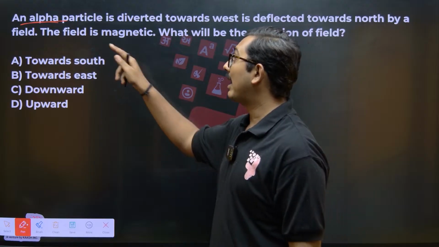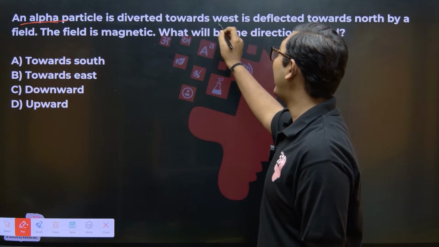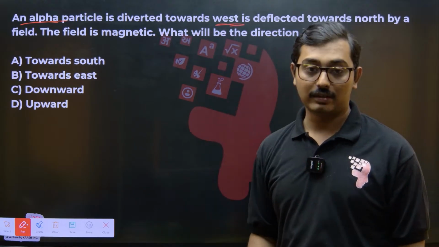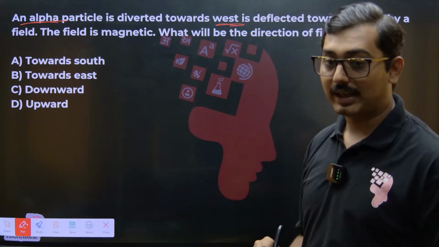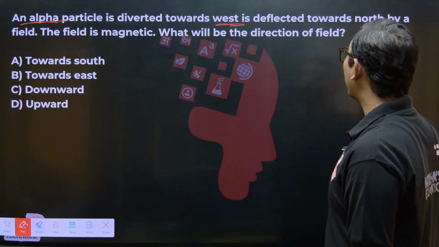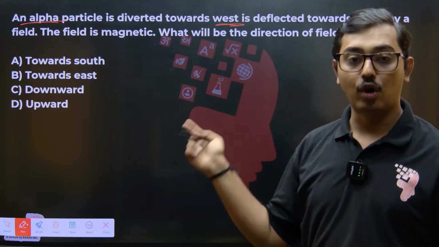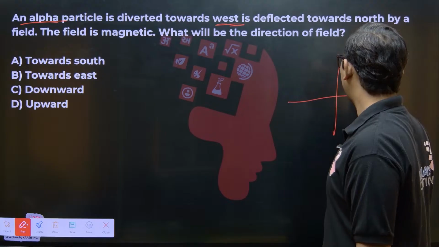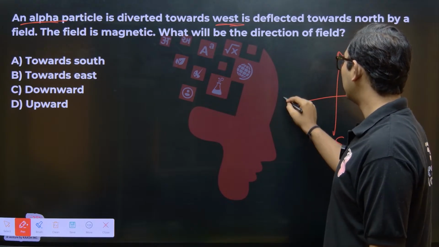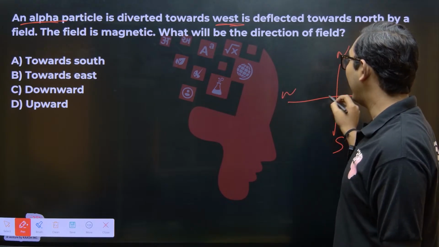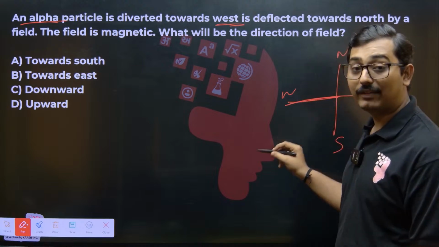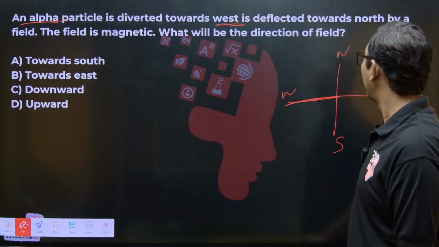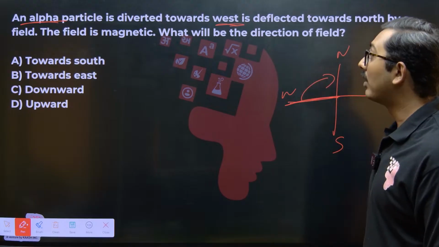Now what is it saying? An alpha particle is moving toward west. Now it is deflected toward north. It is traveling from west to north. North, south, west, east: it was going in the west direction and is deviated from west to north by a field.